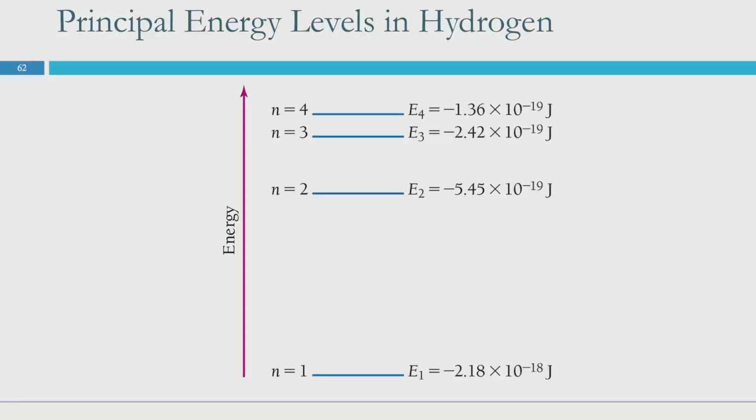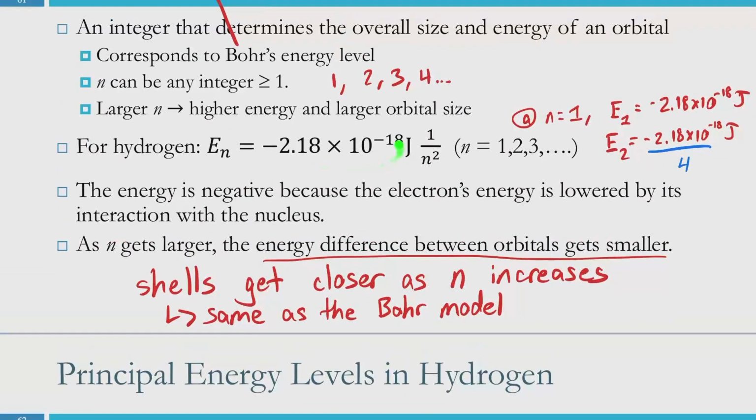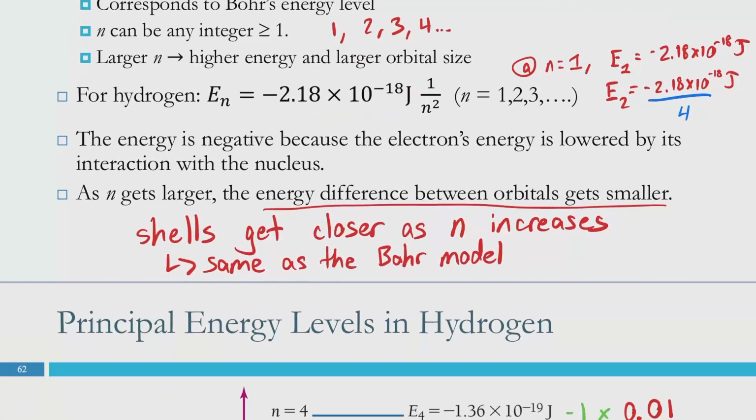If we do this as 10 to the minus 1, but we'd have a negative number in front. Right, so this negative, I'm putting in negative 1. It's not actually negative 1. That's just negative 2.18 times 10 to the minus 18. This is just the negative 2.18.